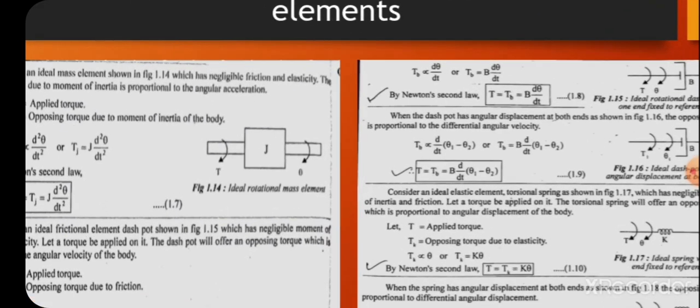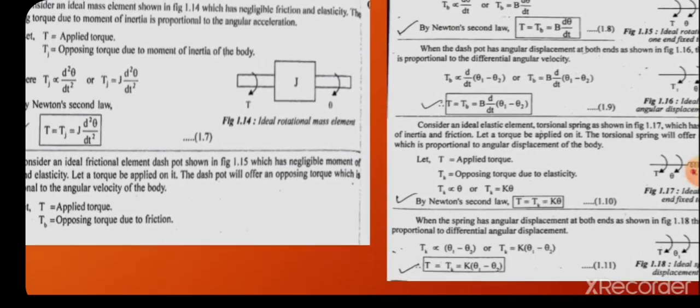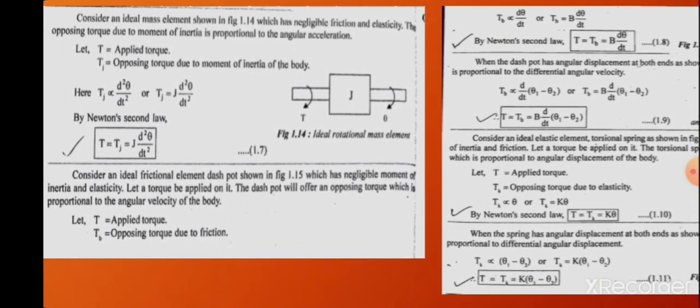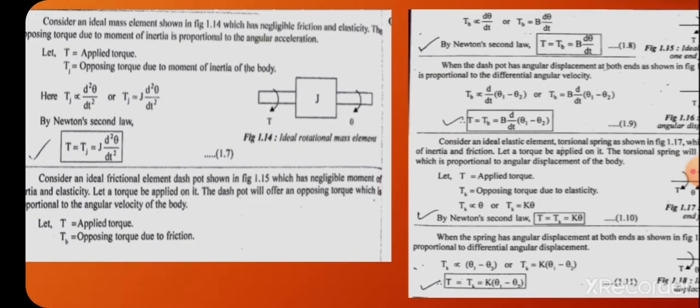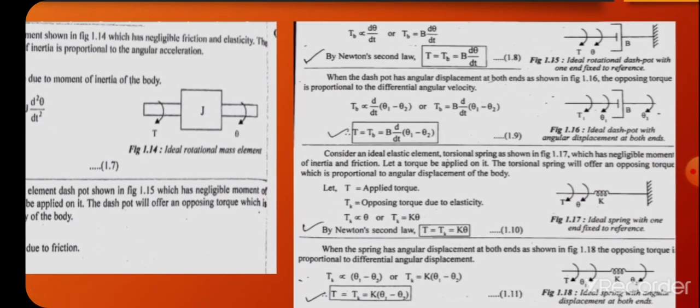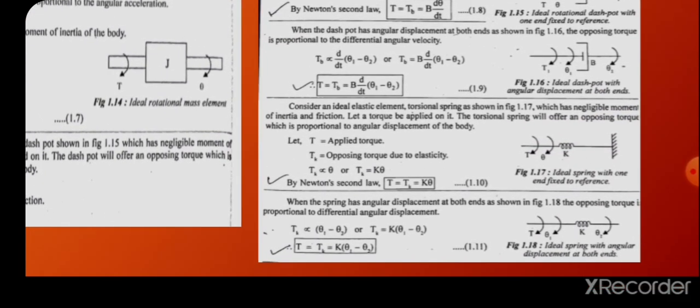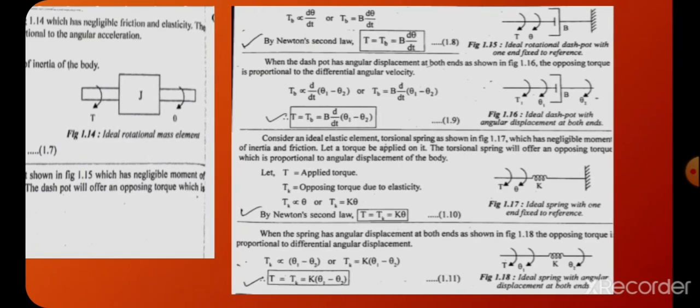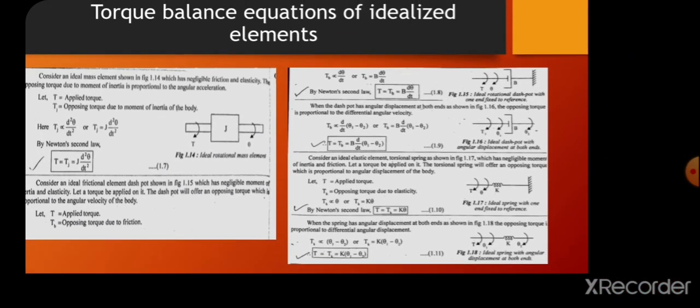In the case of mass, it is J into d square theta by dt square, so T is equal to J into d square theta by dt square. In the case of dashpot, T is equal to Tb is equal to B into d theta by dt, and in the case of spring, T is equal to Tk is equal to K into theta. Those are all the equations.